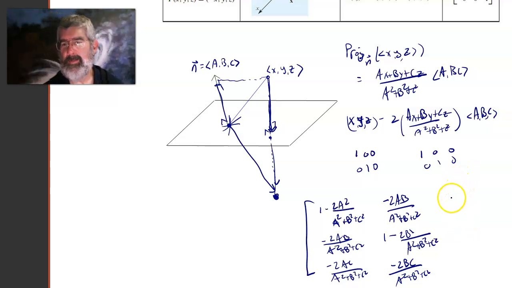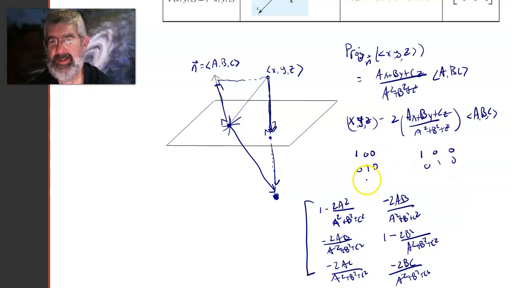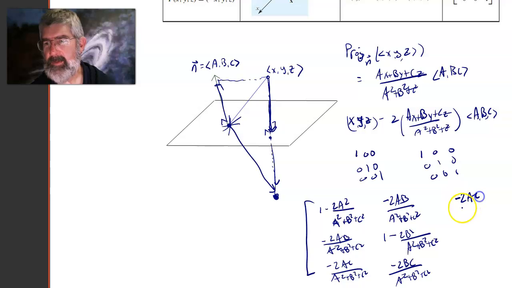And the last column is 0, 0, 1, plugging in there. So the first coordinate gets a 0 out of here and a negative 2c times a, so this is a negative 2ac over a squared plus b squared plus c squared.